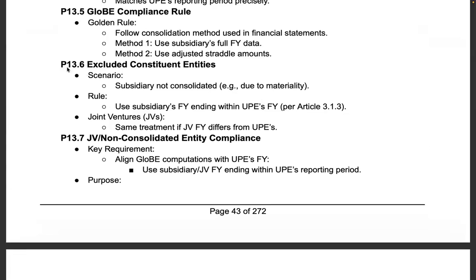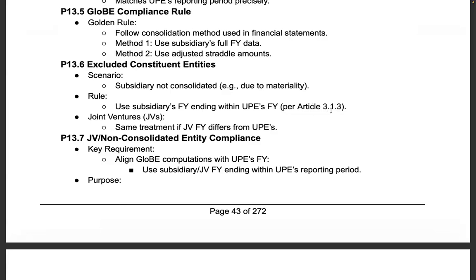Let us talk about paragraph 13.6, which is for excluded constituent entities. There is a scenario provided: a subsidiary not consolidated due to materiality reasons. Rule: use the subsidiary's financial year ending within the ultimate parent entity's financial year, as per article 3.1.3.